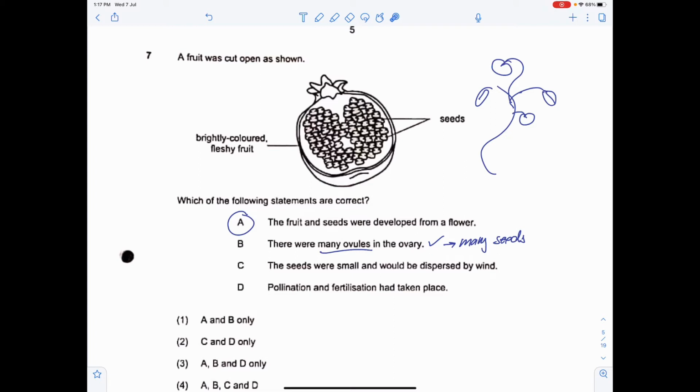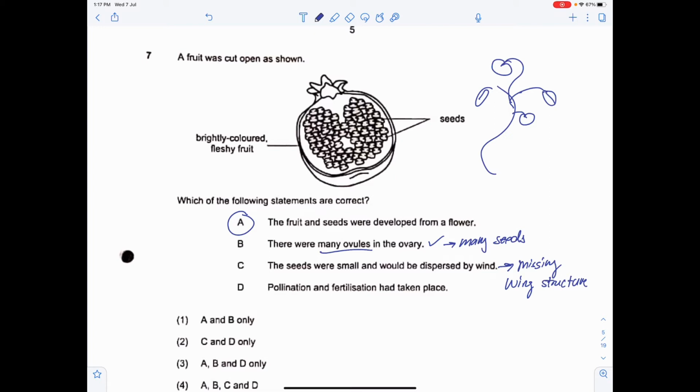If you want dispersal by wind, you're looking for small and light seeds, coupled with some sort of wing structure. So this is missing a wing structure. The wing structure will help it to be carried further away, or at least it should be light.